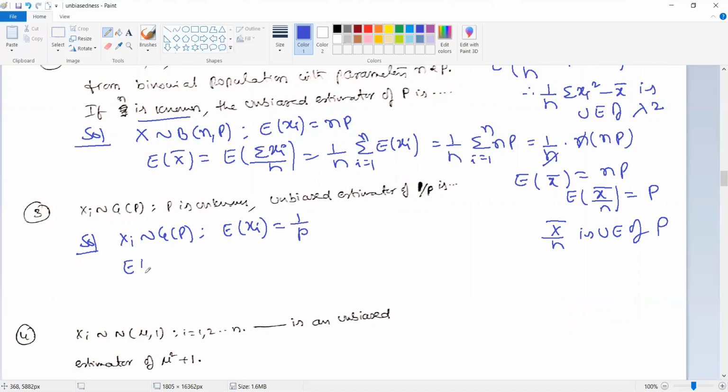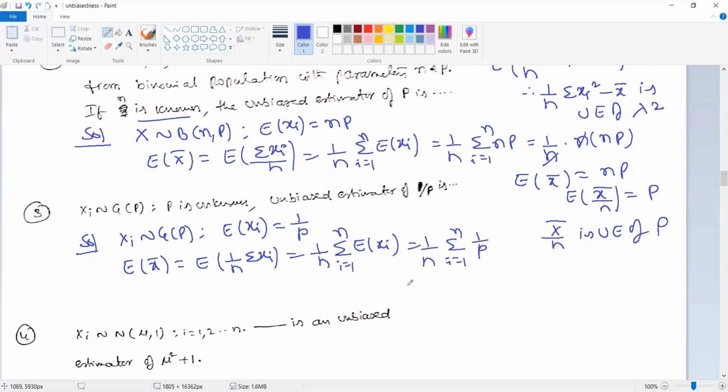E of X bar is equal to the expectation of 1 by n summation Xi, that is 1 by n summation E of Xi, i is equal to 1 to n. So 1 by n summation of 1 by p is 1 by n into n by p. The n cancels, giving 1 by p. Therefore X bar is an unbiased estimator of 1 by p.